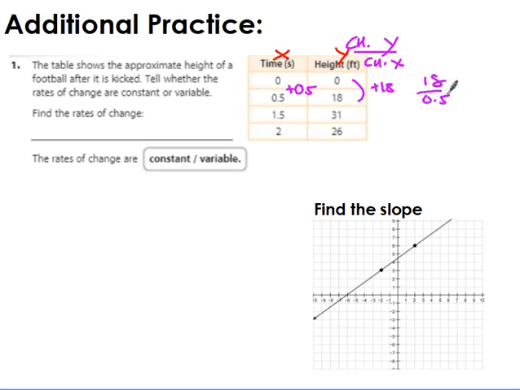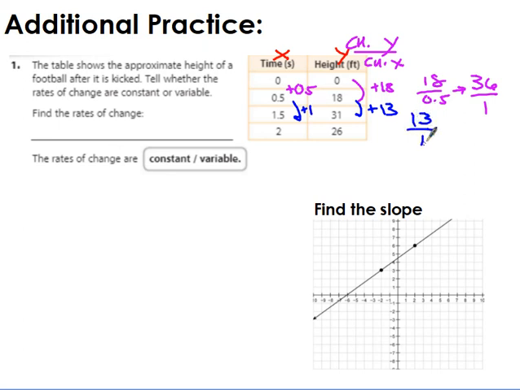To get what it is to 1, I would multiply by 2. And that would be 36 over 1, because 1/2 times 2 is 1. So now I'm going to do the same thing again and see if I have a constant rate of change. Because if it's constant, I'm going to get 36 over 1 each time. So here I went up 13, and I went up 1.